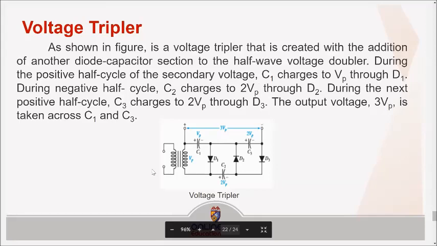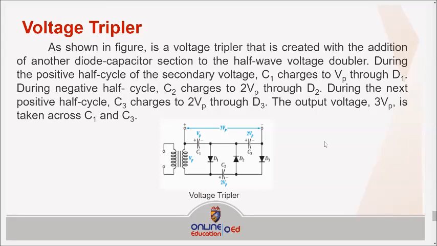During the positive half cycle of the secondary voltage, capacitor 1 charged to peak voltage through diode 1. Then, during the negative half cycle naman, ang capacitor 2 is mag-charge siya to twice nung value ng peak voltage through diode 2. During the next positive half cycle naman, yung capacitor 3 is nag-charge siya to twice nung peak voltage, then through diode 3 doon siya dumadaan.